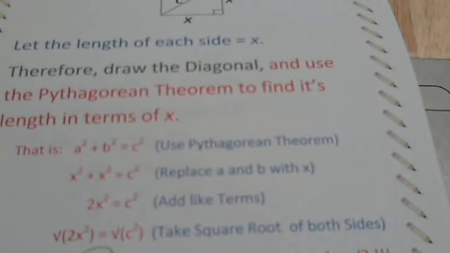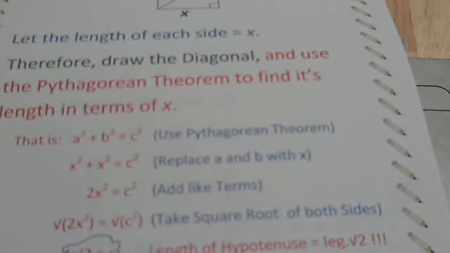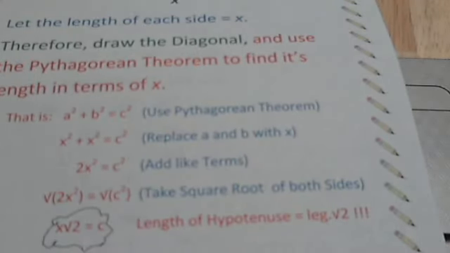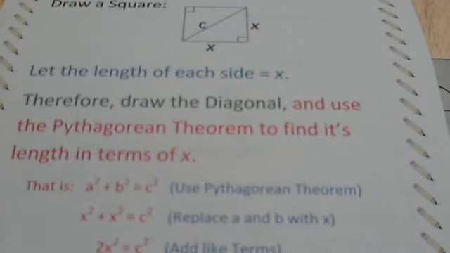So we have the square root of 2x squared is equal to the square root of c squared, which gives x root 2 is equal to c. Remember, c is our hypotenuse.